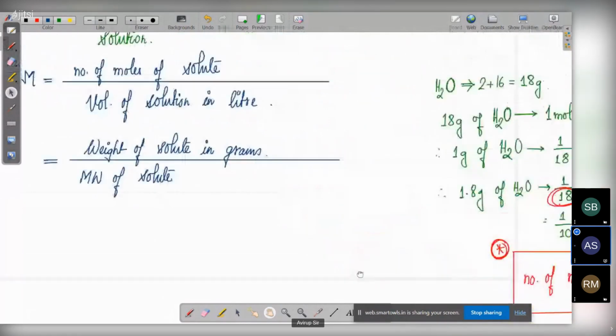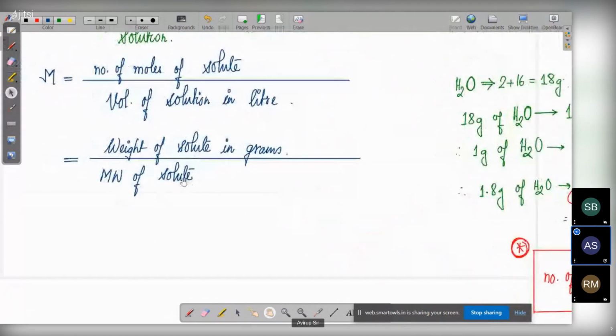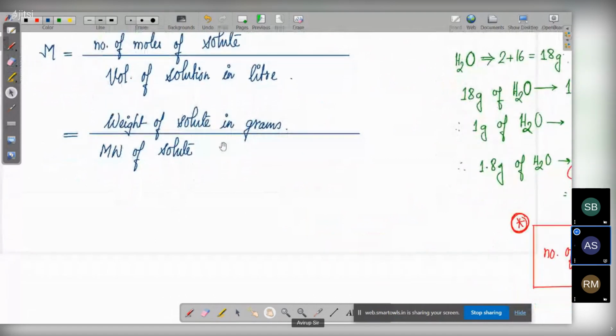Weight of solute by molecular weight of solute, into the volume of solution in liter. This one we are writing just as it is. So this is the second formula for molarity. Okay. Then let us see what other formula we can use.